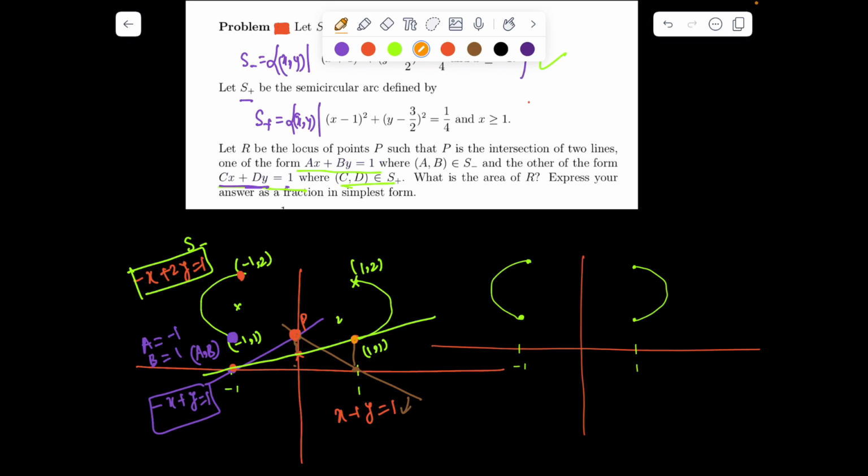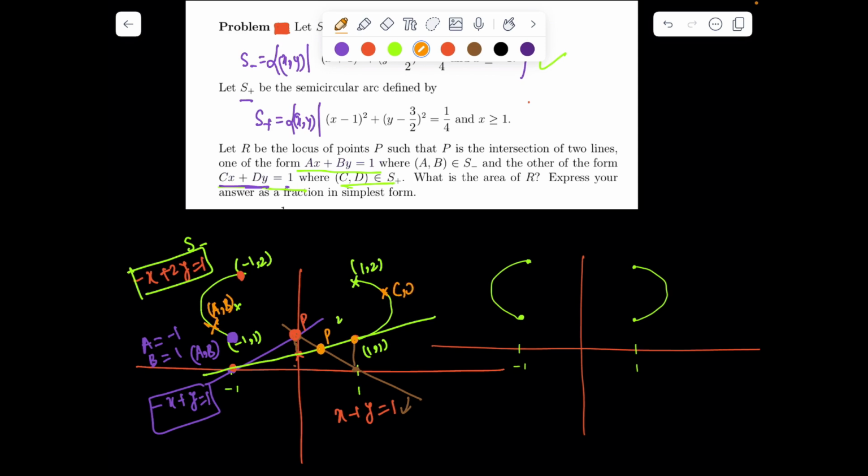Similarly, if I take 1 comma 1 from C, the same line. So these two lines intersect at this point here. So that is a new location of P, right? Again, let's suppose I take this point, corresponding to this I will have some line. If I take another point randomly, we'll have some other lines.